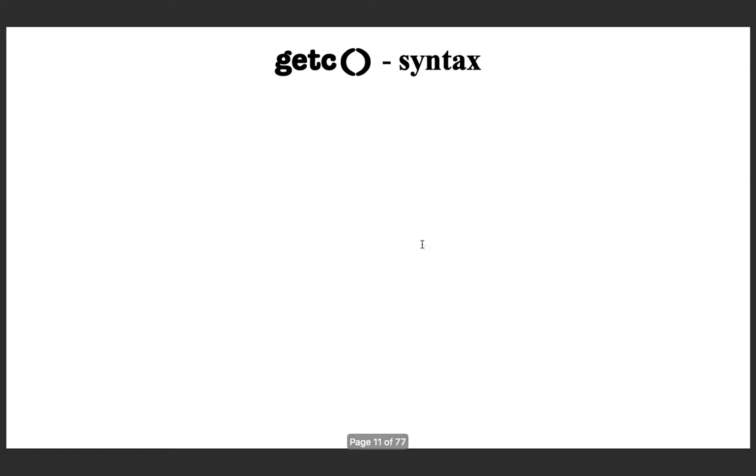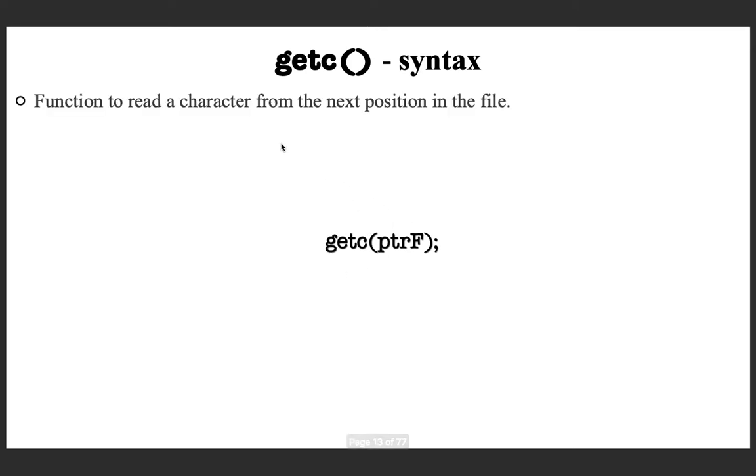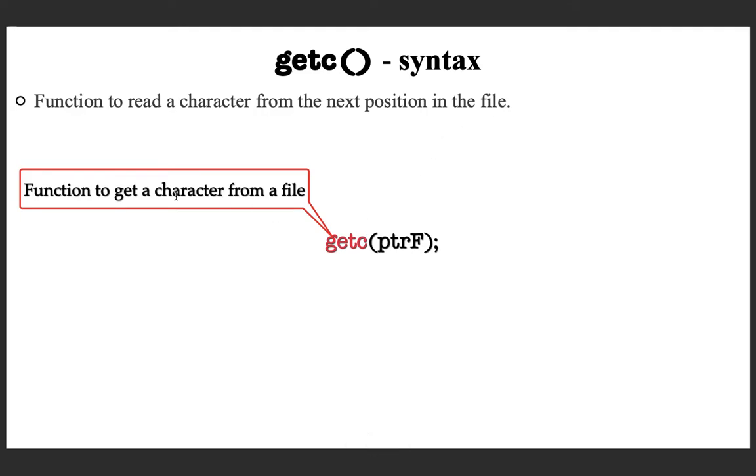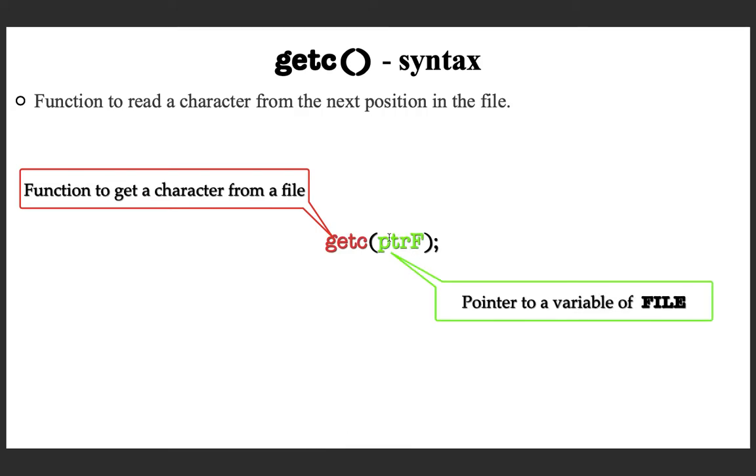Now we are proceeding to see the syntax of getc, which is a function to read a character from the file. This function reads a character from the next position in the file. The syntax includes the name of the function, getc, for reading a character from a file, and the only argument is the file handle, the pointer returned by the fopen function.